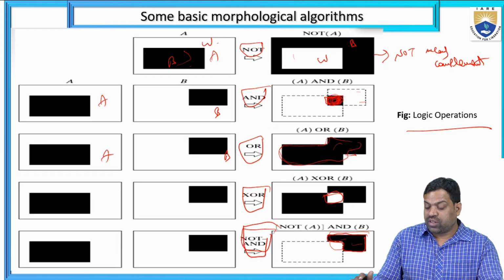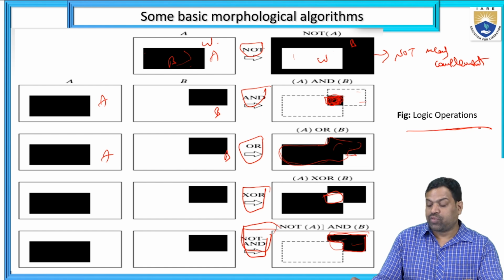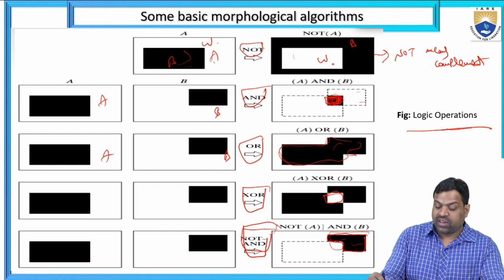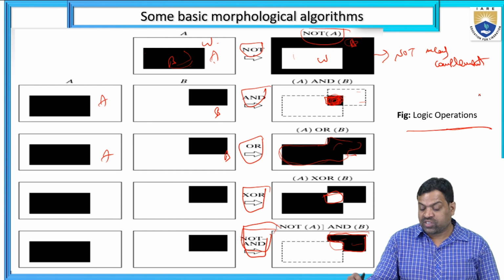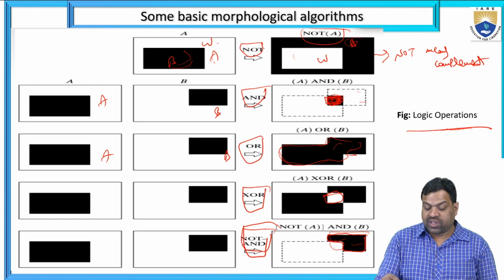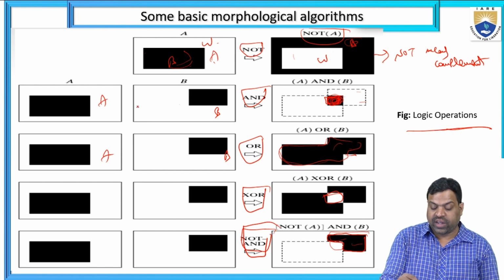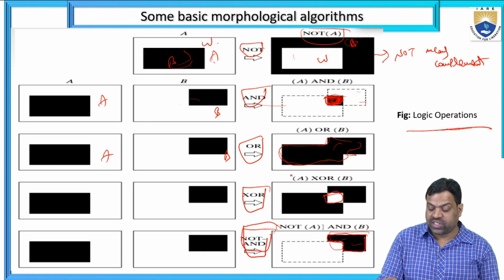Here are logical operations of morphological set operations. First one is NOT A. Here the background is black, white is converted to black, and the image object that is black is converted to white. Second one is A AND B. Here if I am intersecting these, what is the common part? That is blackish, and what are the not common parts? That is white.